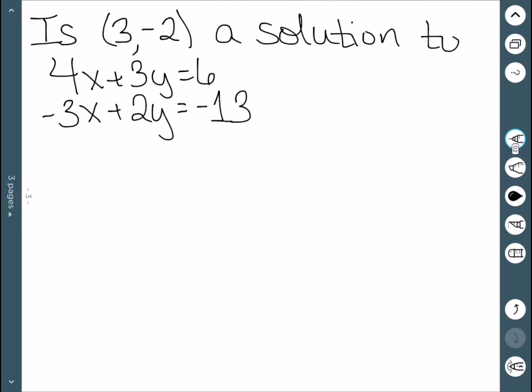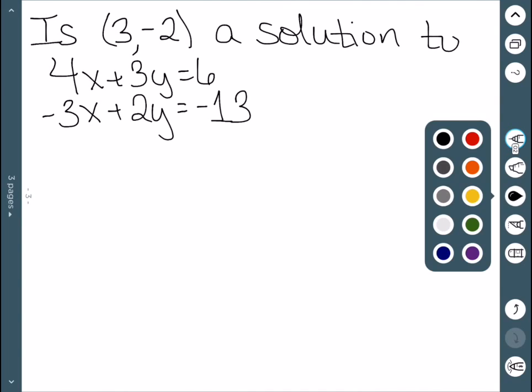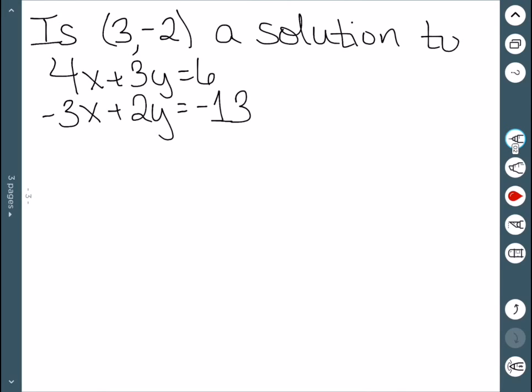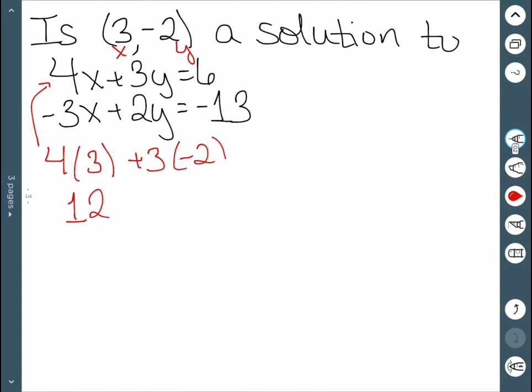Here we have this ordered pair, 3, -2, and we want to know if it's a solution to this system. So we're going to try. The first number is x and the second number is y, since we always want these in alphabetical order. So we have 4 times 3 plus 3 times -2 for our first equation. 4 times 3 is 12, minus 6, which is equal to 6, which is exactly what the first equation should be equal to.